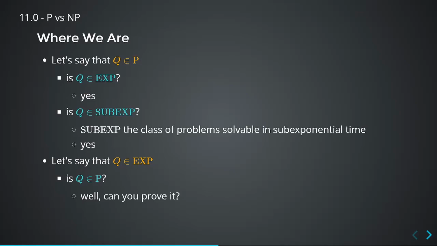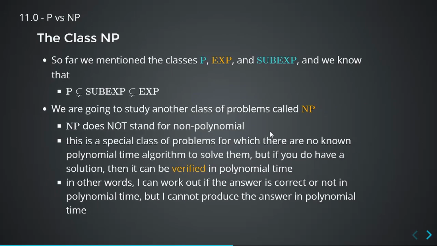Now, let's say that Q is in EXP. Is Q also in P? Well, can you prove it? You need to be able to solve the problem in polynomial time. Maybe it is, maybe it isn't. So hopefully it's clear, the idea about the complexity classes P, SUB-EXP and EXP.